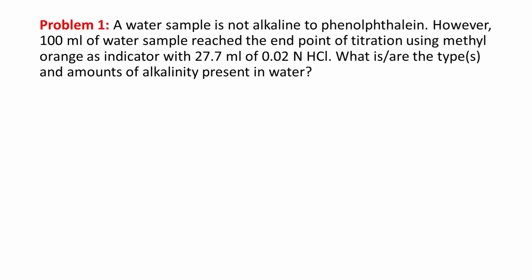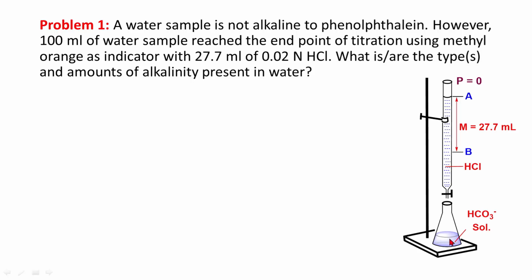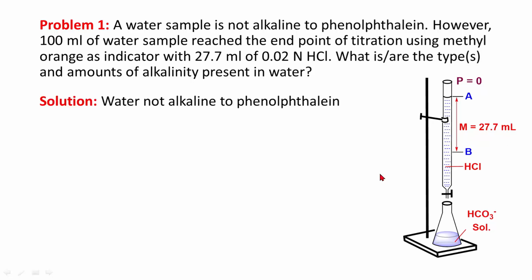What is the type and amounts of alkalinity present in water? The sample is titrated against HCl and the phenolphthalein endpoint P is equal to 0 and M is equal to 27.7 ml. Water is not alkaline to phenolphthalein.